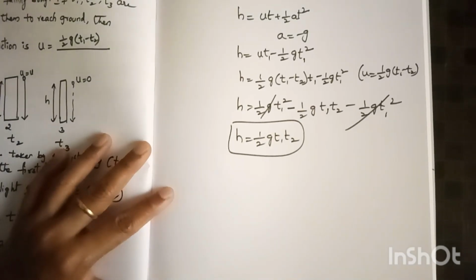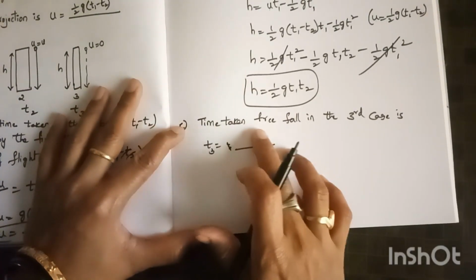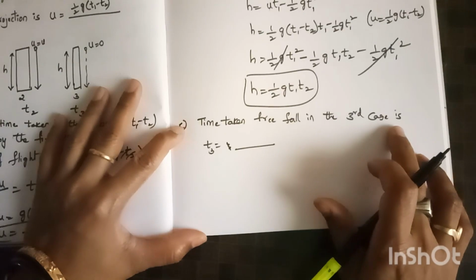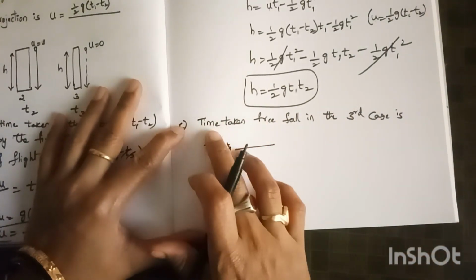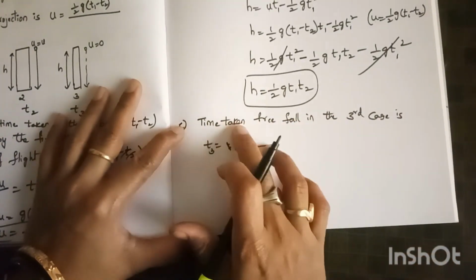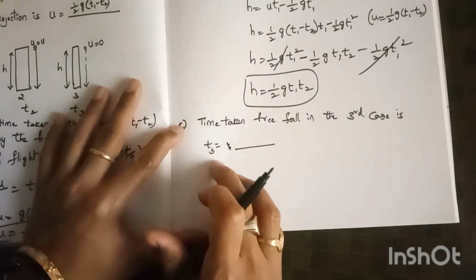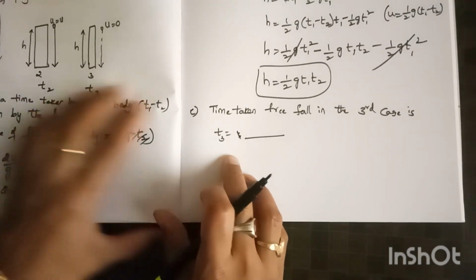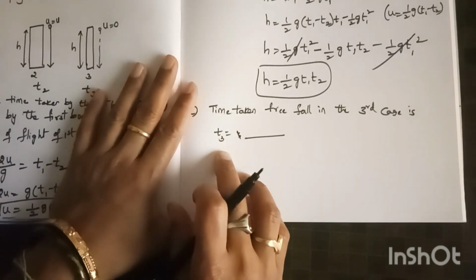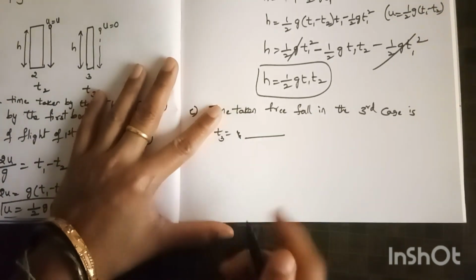Okay. Now the time taken for free fall in the third case. We are going to find the free fall time taken in the third case, t3, or t free. We are going to find the time for a freely falling body.